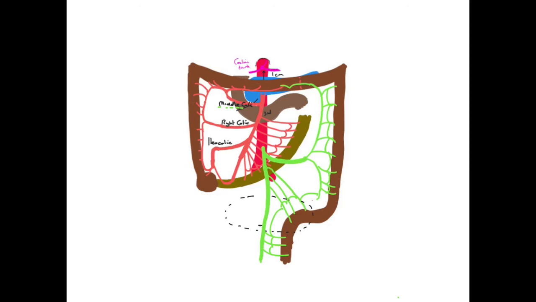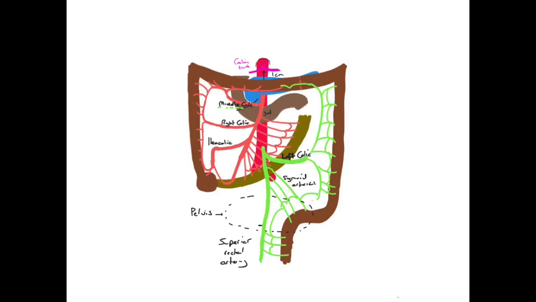So in the case of the inferior mesenteric artery, we have the left colic branch here, the sigmoid arteries here, and then the superior rectal artery, which is the continuation of the inferior mesenteric artery when it goes into the pelvis. So imagine this is the pelvis there.